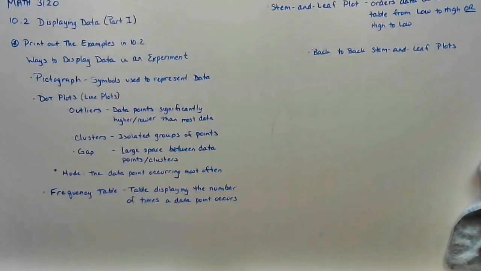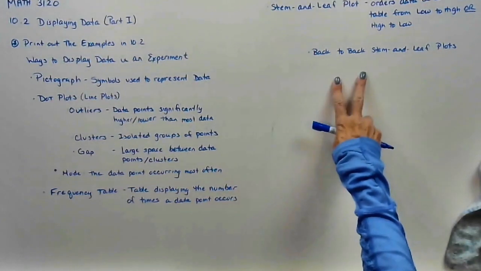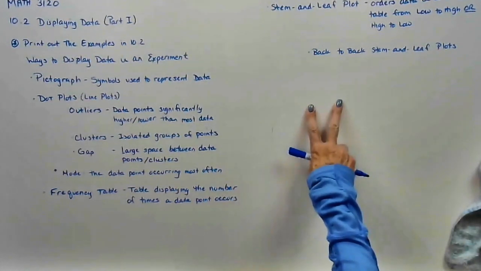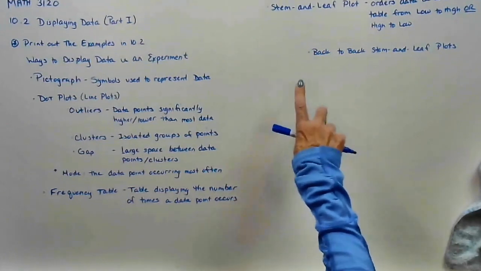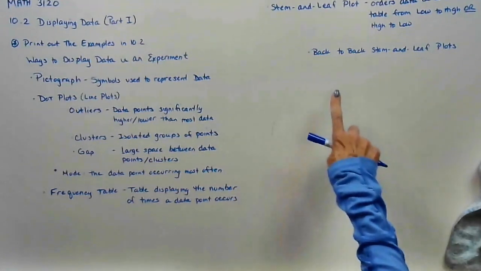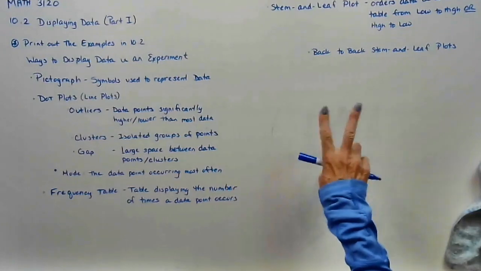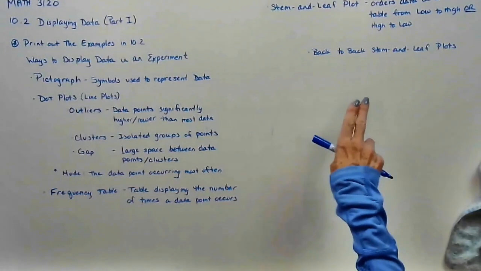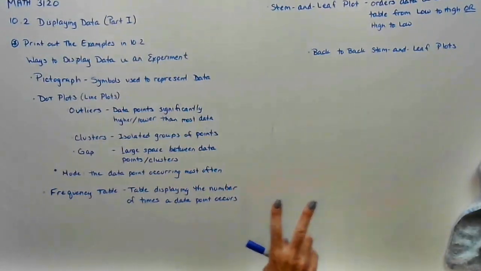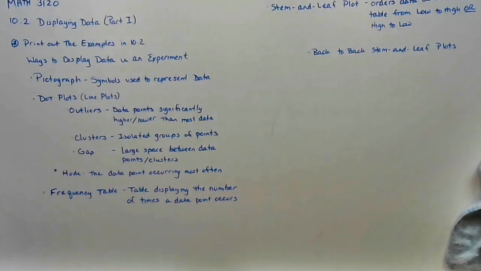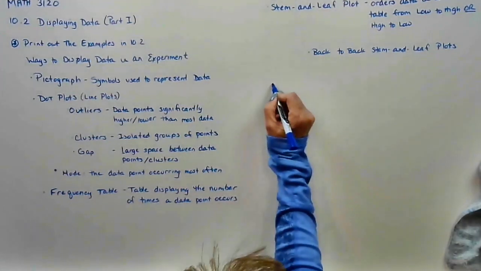Perhaps I have 2 classes of math analysis, and I want to compare 3rd period's results to 6th period results. I can put them back to back. So we use this when we're comparing 2 similar sets of data. And we also have what's called a grouped frequency table.